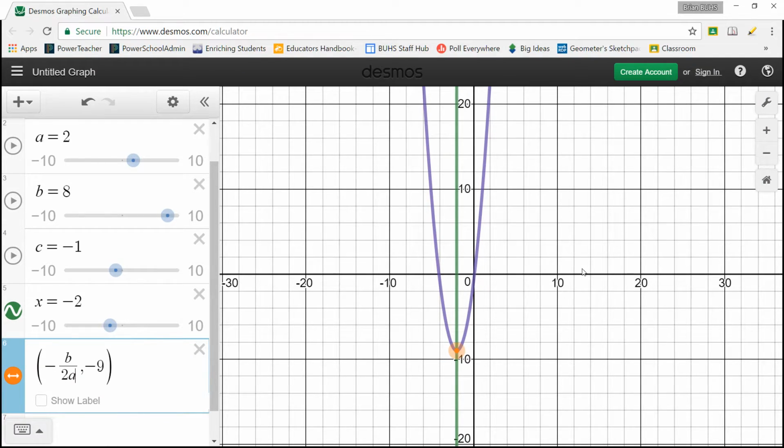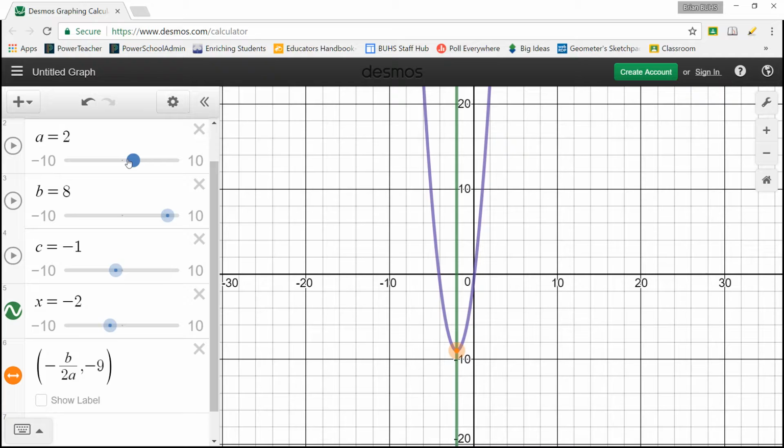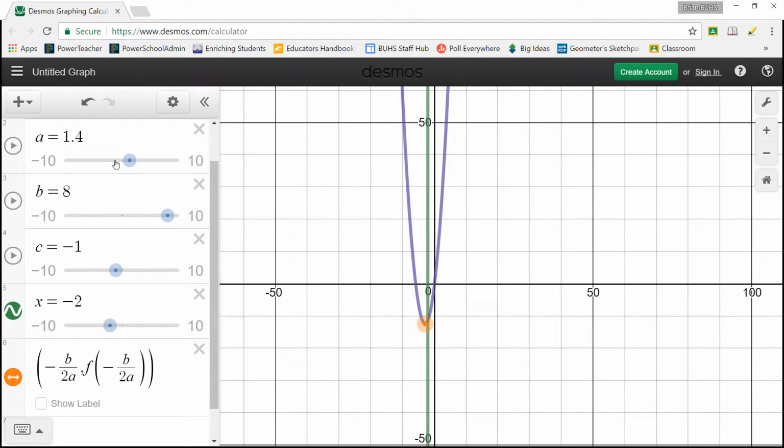And now even if I change a, that's locating the x coordinate of my vertex correctly. And then the y coordinate I said was f of whatever the x coordinate would be. Let's see if this will work. -b over 2a. Watch this. Did I just make a dynamically generating vertex? No way. I did it, guys.